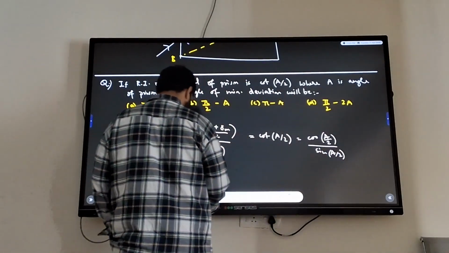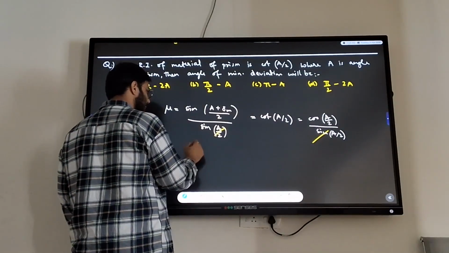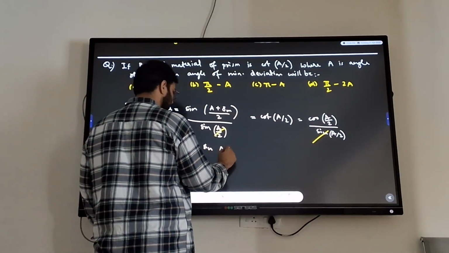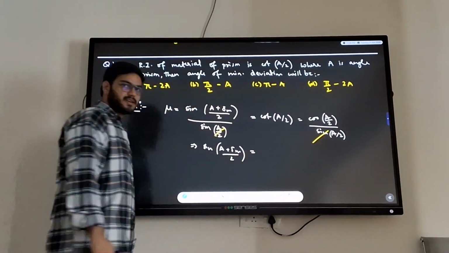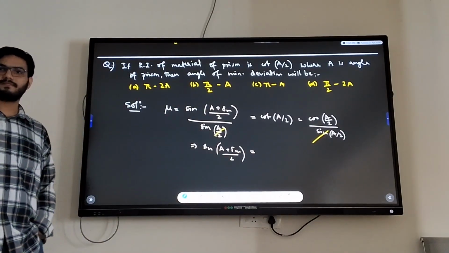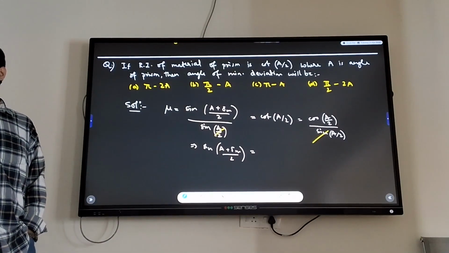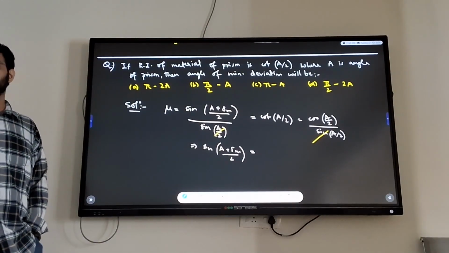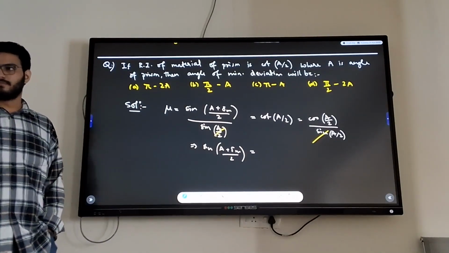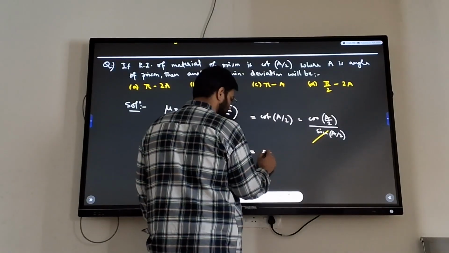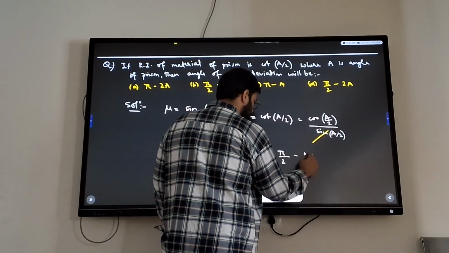And then the denominators cancel. Then I think you will get something like sine of (A plus delta min) by 2, which is equal to, can I write cos in terms of sine? Cos of 90 plus theta, 90 minus theta, something like that. What can I write? Minus or plus? Should be minus. Sine of (90 minus A by 2).